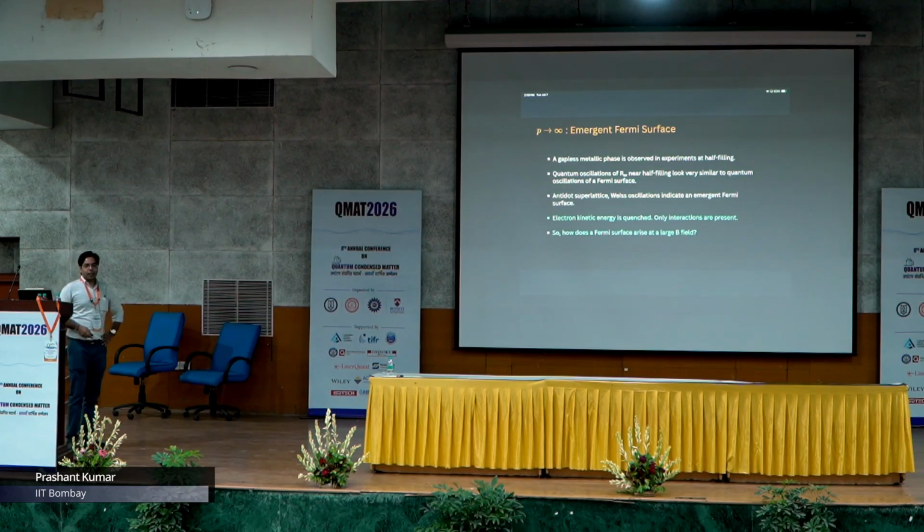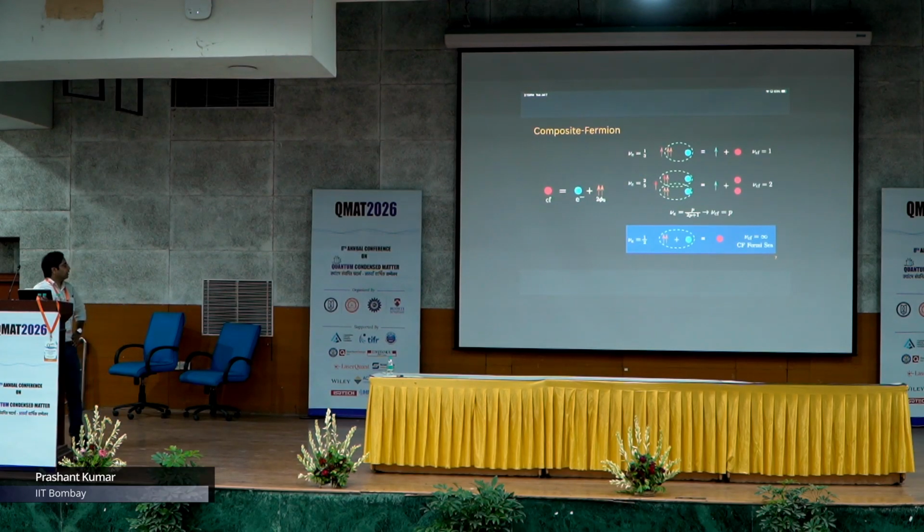All of them indicate that a Fermi surface emerges with a particular wave vector kF, which you can relate to the density and so on. This is the surprising thing, because the kinetic energy is quenched and only interactions are present. So how does a Fermi surface arise at such a large magnetic field? Well, this is where the composite fermion theory enters, and it explains this phenomenon.